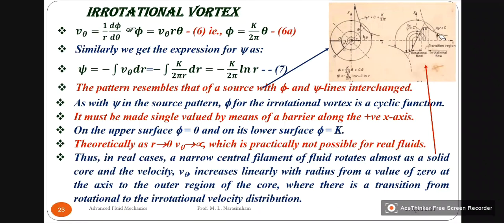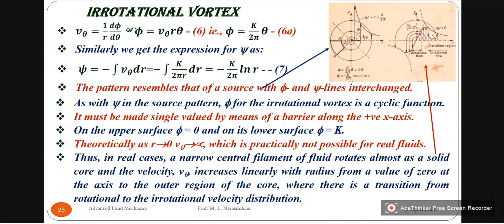At the center, the velocity is 0, and gradually it increases. And further, beyond a certain point, the velocity will follow this equation, V theta is equal to C by R. So from that point onwards, the velocity will be decreasing radially.